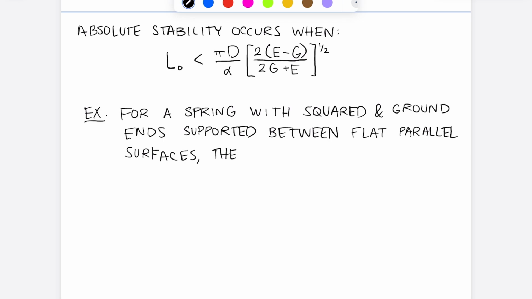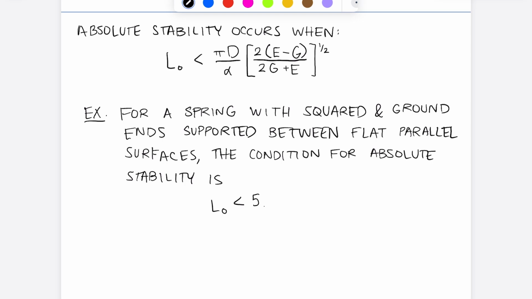the condition for absolute stability is free length must be less than 5.26 times the mean coil diameter.